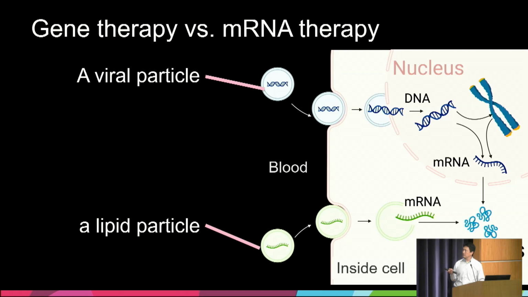The DNA needs to go to the nuclei, and in the nuclei, DNA is converted to messenger RNA, and this messenger RNA produces protein. So this is the gap between how gene therapy DNA goes through versus messenger RNA therapy. Messenger RNA does not go to the nuclei, and it becomes a protein.